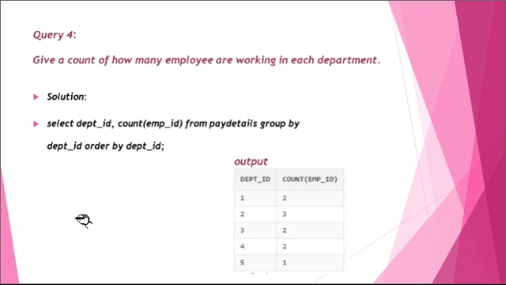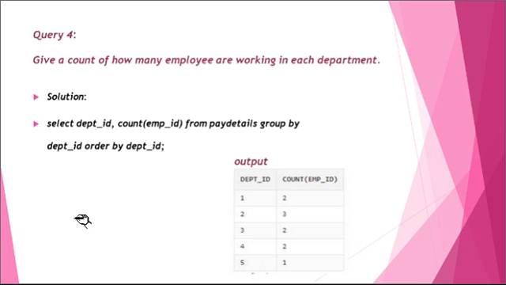Now, give a count of how many employees are working in each department. I want to know in each department how many employees are working. So I want department ID because I have to calculate according to the department ID. Next, I want the count of employees.